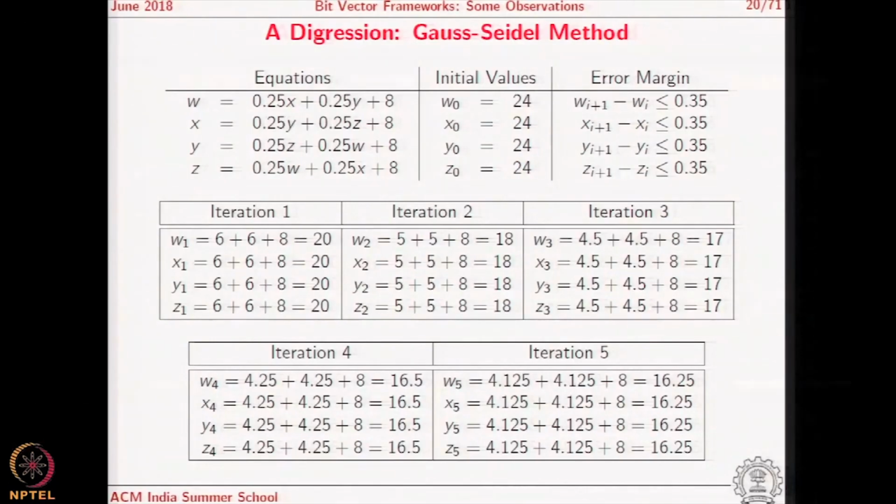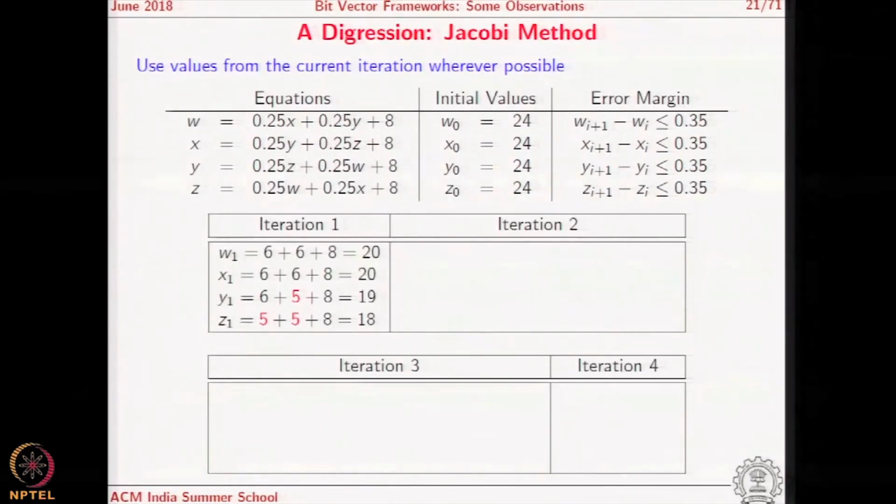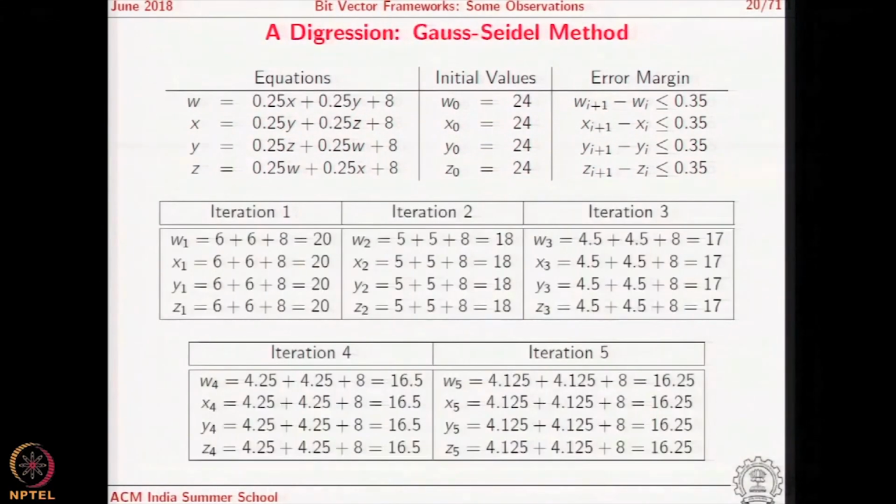So, how do we use Jacobi's method over this? We once again start with this, and now things start becoming different. Here, for the value of w, we use the value of w computed in this iteration, right. In the previous method we used the value of w from here.